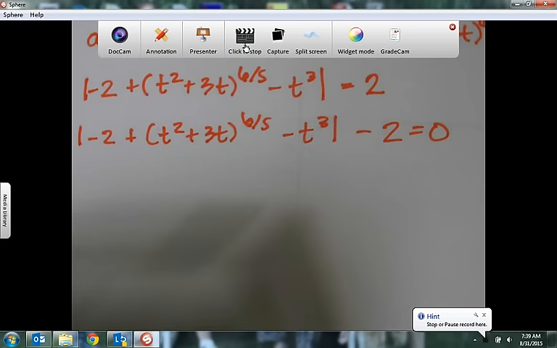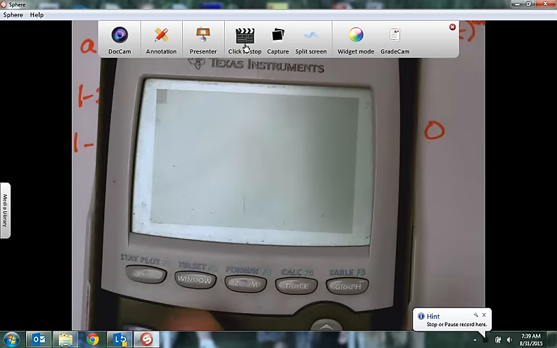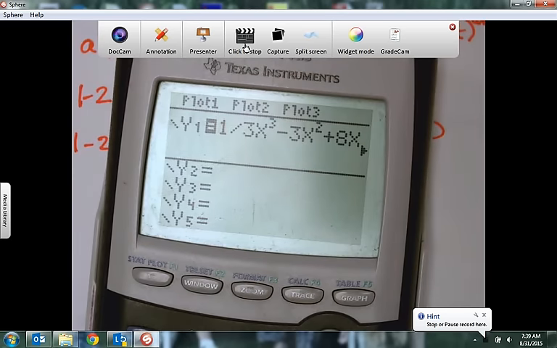So I'm going to go to my y equals. And I don't care if you use an 84 or an 89 here. And I'm going to type this function in. So second catalog to get my absolute value. I'm going to put in the entire function.